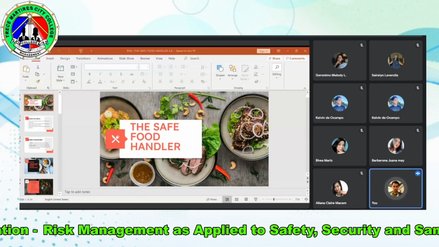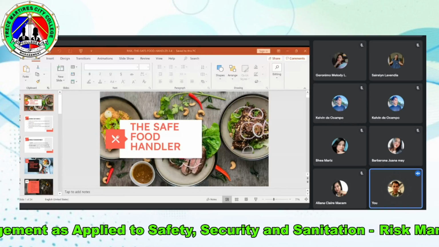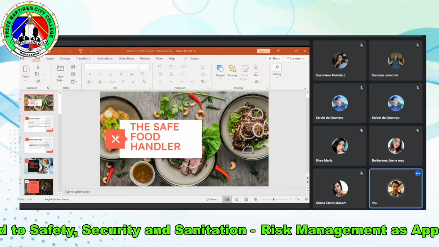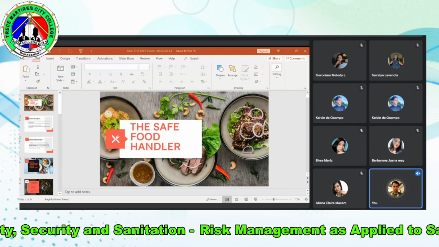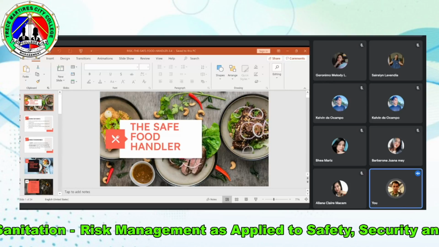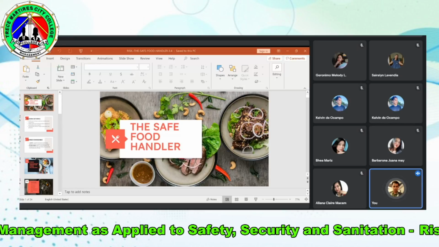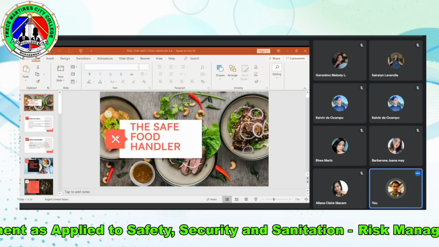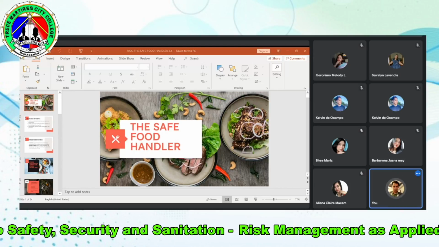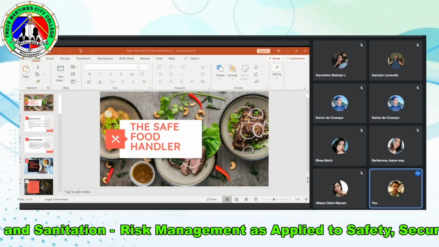We also discussed the behavior that food handlers should have to avoid food contamination, the frequency of hand washing that we have to remember, and how and when to use gloves when we are preparing food.